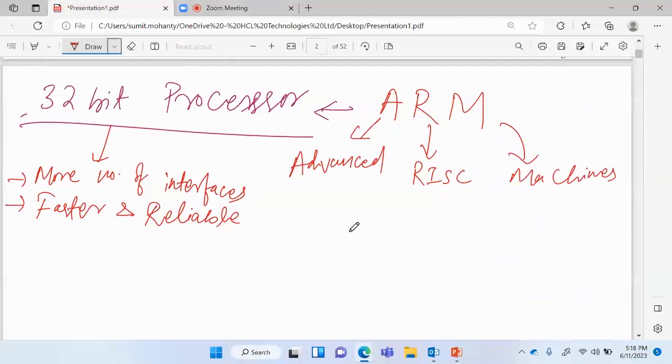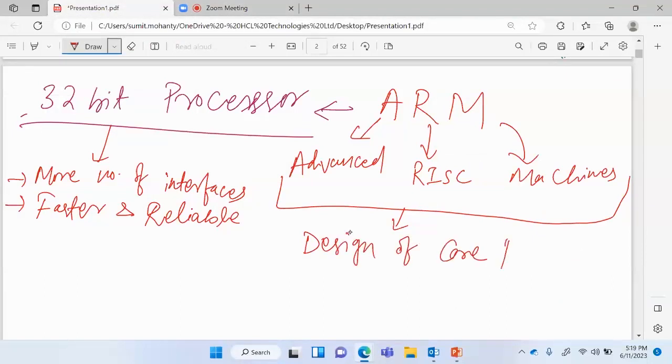What is an ARM processor? Normally people think that ARM itself is a microcontroller. No. When we talk about ARM, basically they give the design of the core processor.